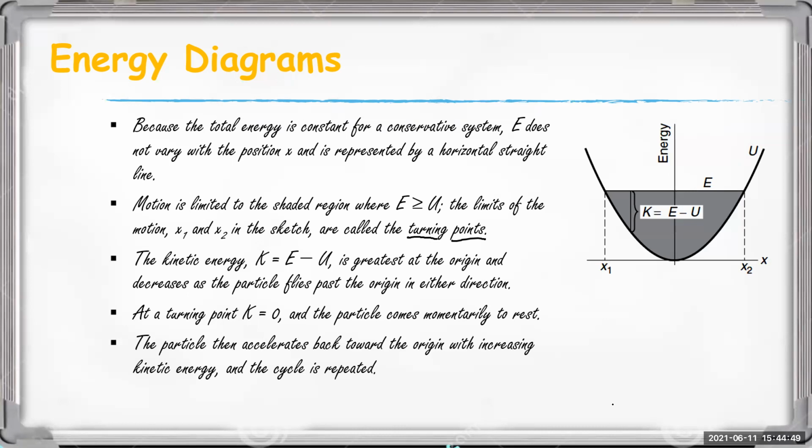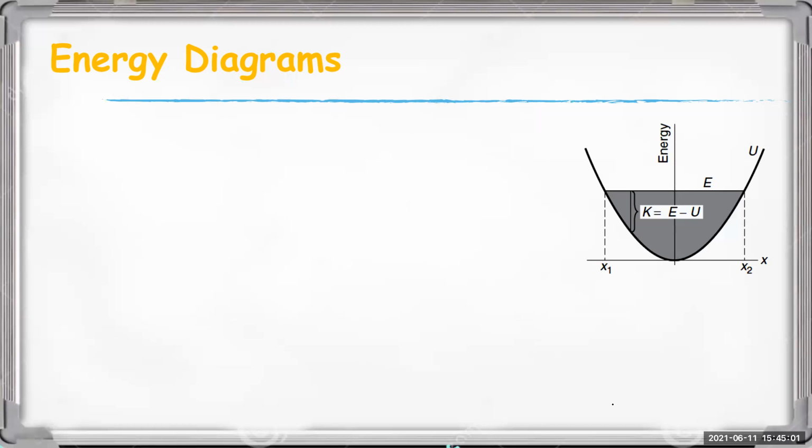These features can be obtained from this energy diagram. Such a type of motion is called bounded motion. The harmonic oscillator provides a good example of bounded motion.